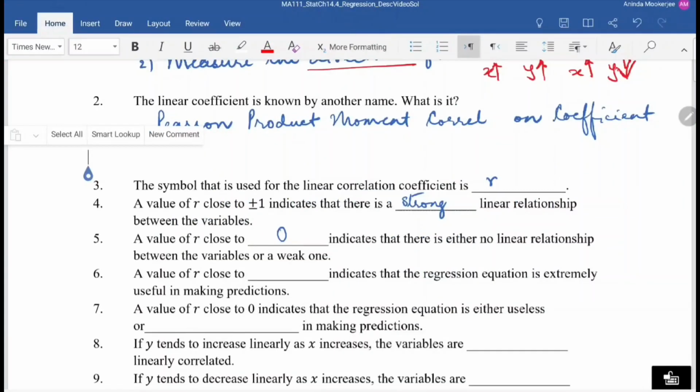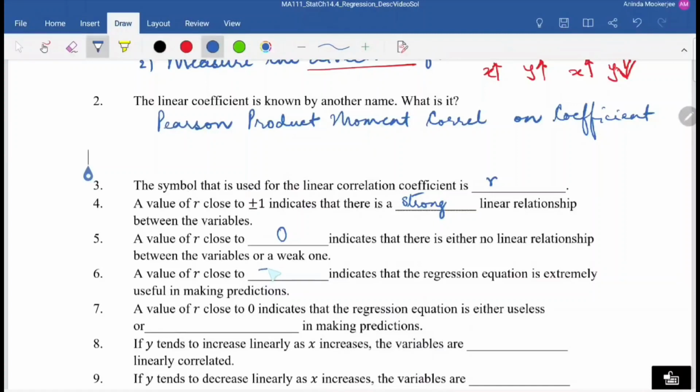Okay, I'm back. So the next question says a value of r close to blank indicates that the regression equation is extremely useful in making predictions. So that's the same as number 4. It's just stating the same thing. A strong relation is being stated in a different way. So that's plus minus 1.